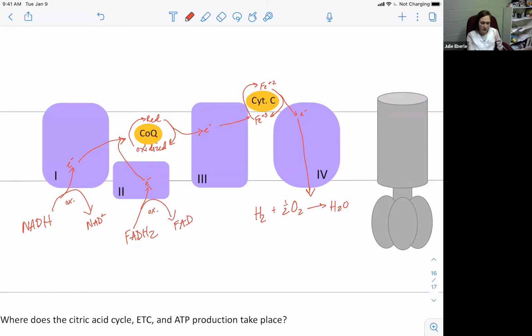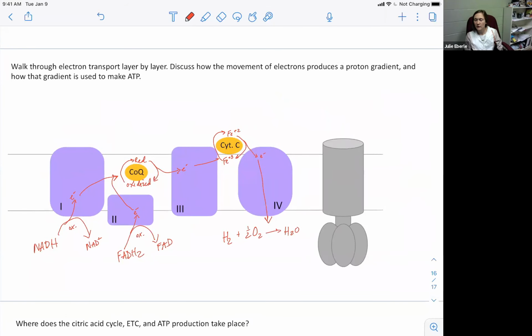Okay, so that's the movement of electrons. How does this pump hydrogens? How does it produce a proton gradient? Hydrogen ions. Isn't there more hydrogen ions outside the matrix? Yeah, so by the way, which side is which? We haven't even labeled our membrane.